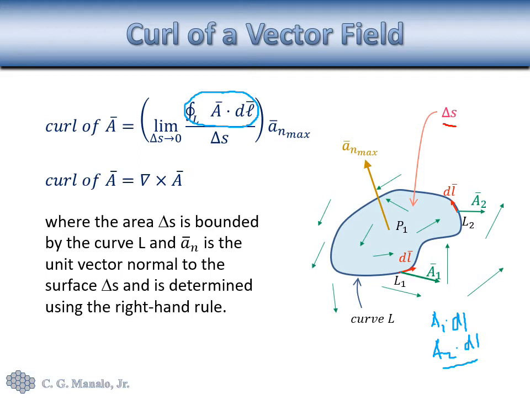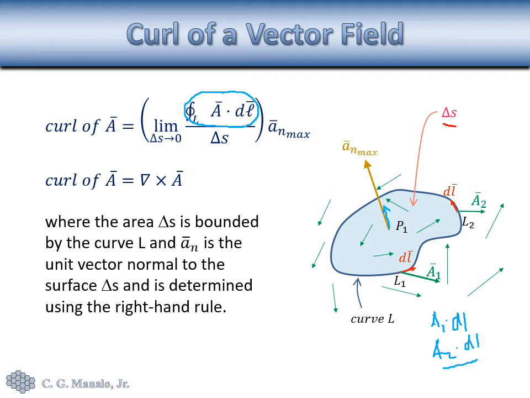Let's assume that the limit has a value. Also, we recognize that a unit vector a sub n max can be drawn that is normal to the area and whose direction follows the right hand rule.